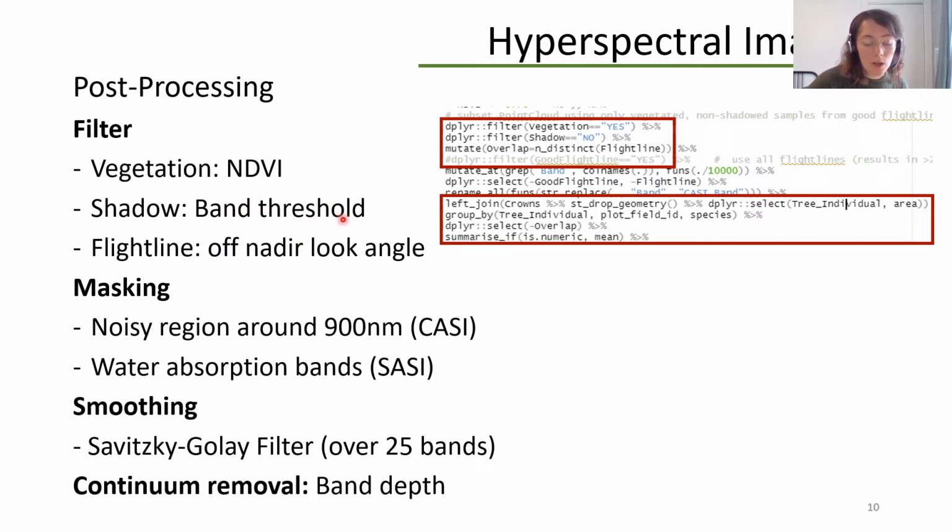And for the first data set at the plot level, we also had a flight line filter, which means that some of the plots were covered by overlapping flight lines. In that case, we used only those flight lines with a lower off-nadir look angle, which are assumed to have a higher accuracy.